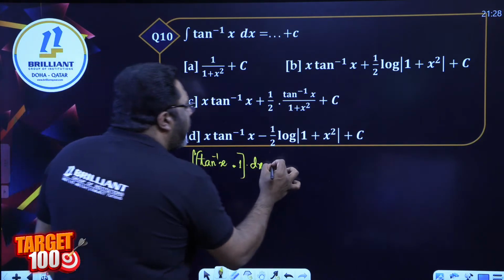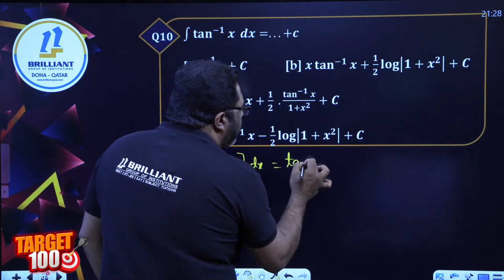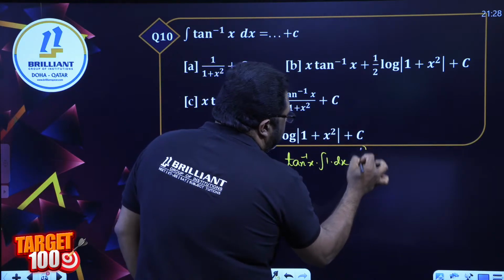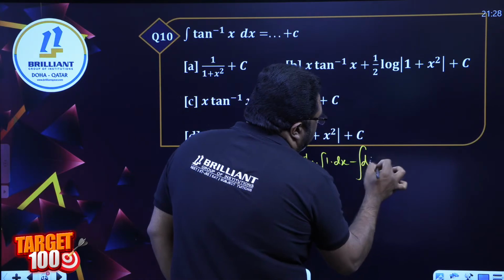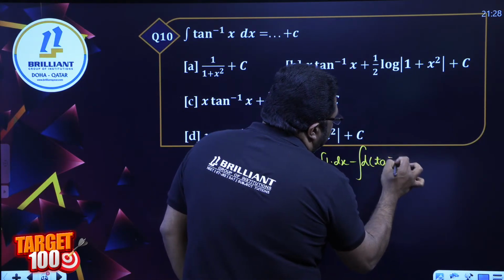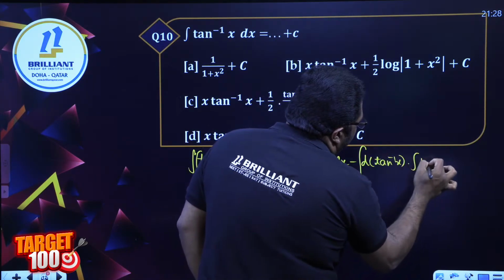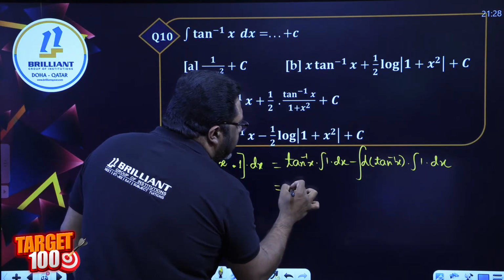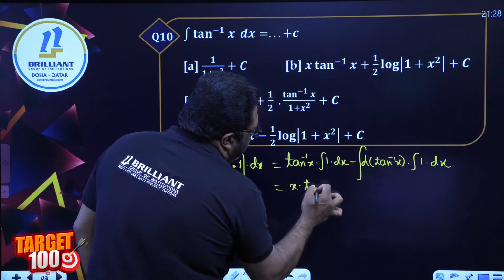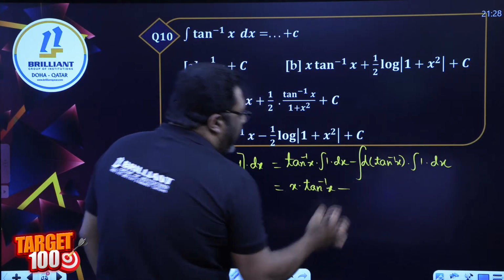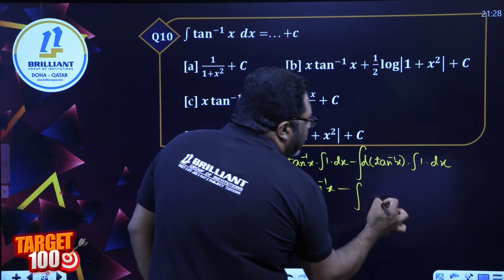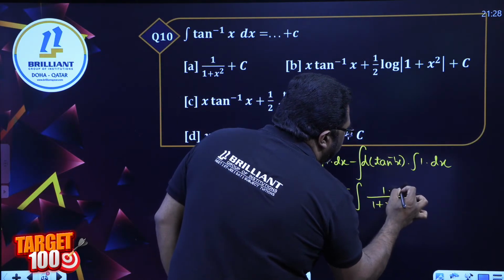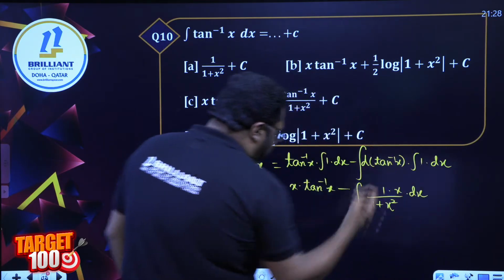When you do integration by parts, it is the first function multiplied with the integral of 1 minus the integral of derivative of tan inverse x into integral of 1 dx. So the answer is x tan inverse x minus the integral of derivative of tan inverse x, which is 1 by 1 plus x squared, into x dx.